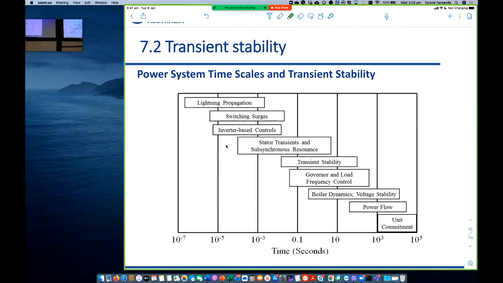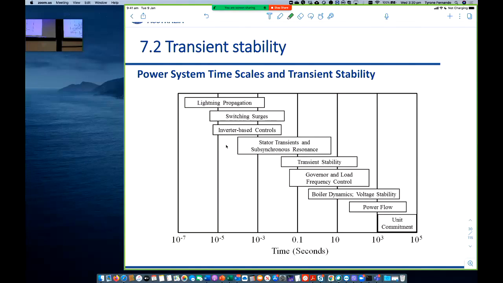And then if you're talking about governor and load frequency control, you're talking about 10 seconds to hundreds of seconds, right? Boiler dynamics and voltage stability, about 1,000 seconds. Power unit commitment, 10 to the 5. Unit commitment is how often you tell which generator is producing how much energy.